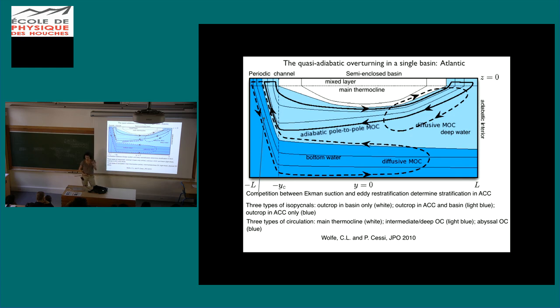It would have to cross isopycnals. Right? Is that clear? So what is the overall transport associated to this bottom cell? 18 Sverdrup, is it? 12, 10? I'm not sure.